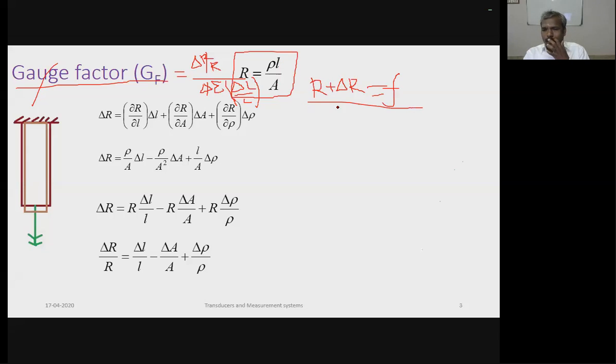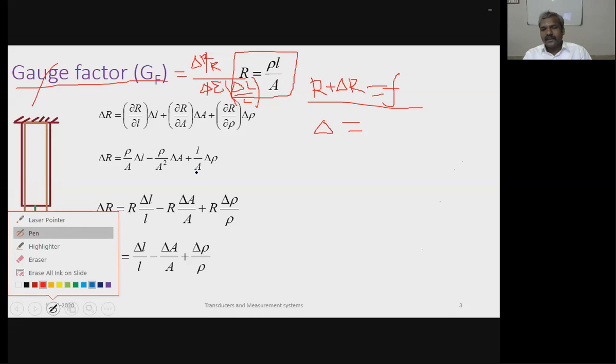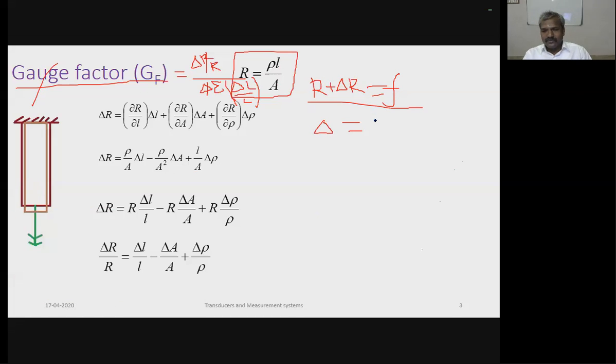So what is delta R? Delta R equals dou R by dou L into delta L. We use these three parameters to compute R. In the first chapter we discussed this.